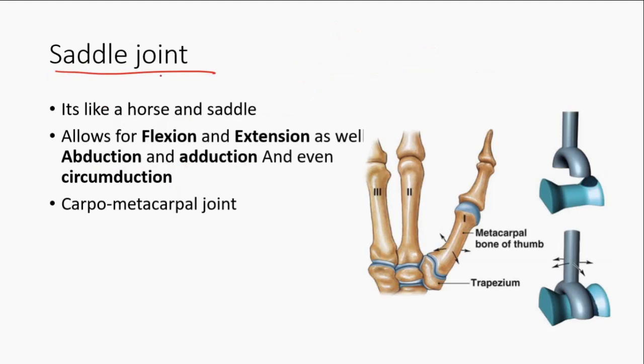The next type of synovial joint is your saddle joint, and it is exactly what it sounds like. It's like the saddle that the horse rider sits on. This joint allows for flexion, extension, abduction, and adduction. So what do all of those terms mean? If you remember them from the terminology of anatomy, the first video, flexion is to close the angle, make it a small angle, and extension is to create an angle larger than normal.